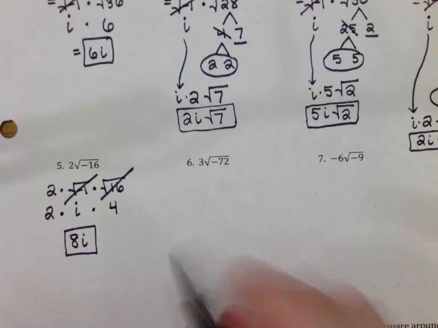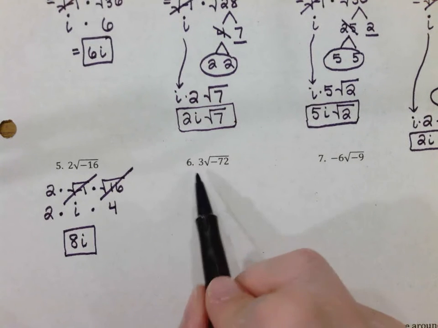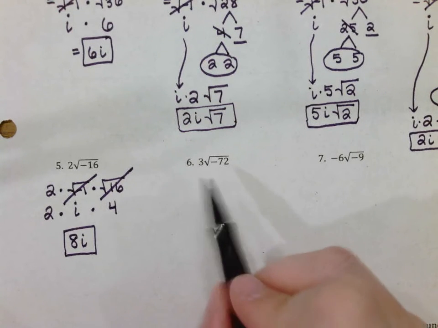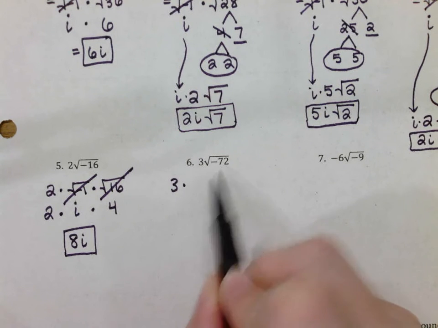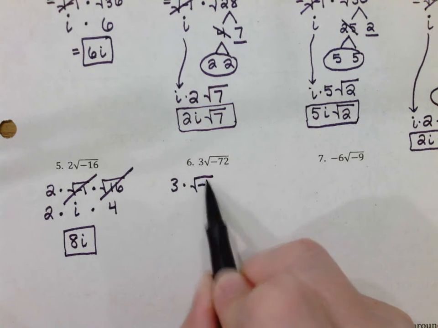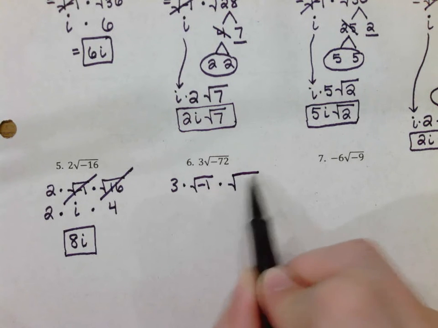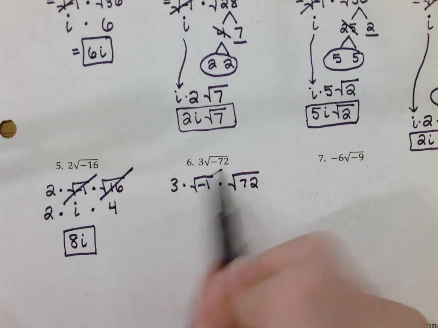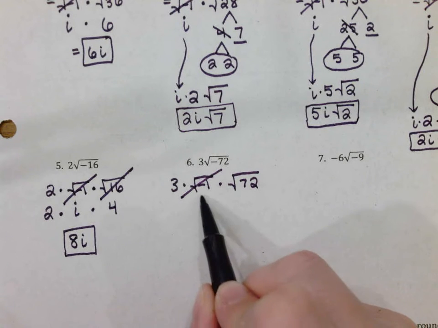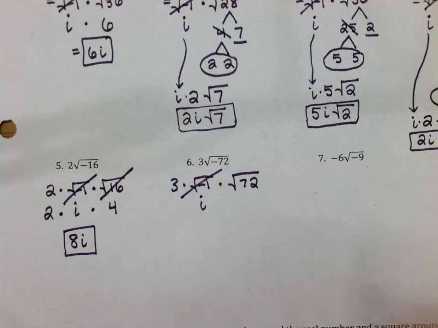Okay, for number 6, we have a coefficient out in front again, so we're going to treat this the same way. I'll keep the coefficient out in front and break this into the square root of negative 1 times the square root of positive 72. I can cross out the square root of negative 1, that's equal to i. Then I'm going to have to break down the square root of 72.